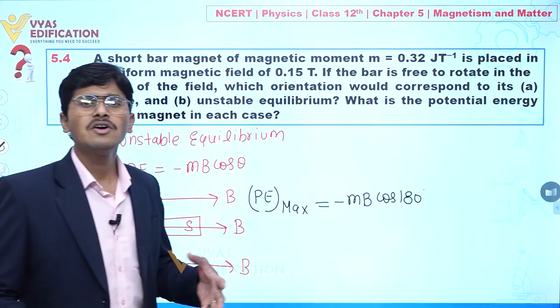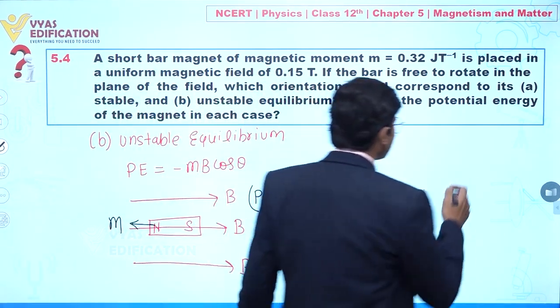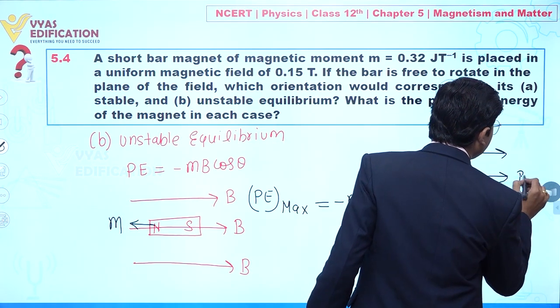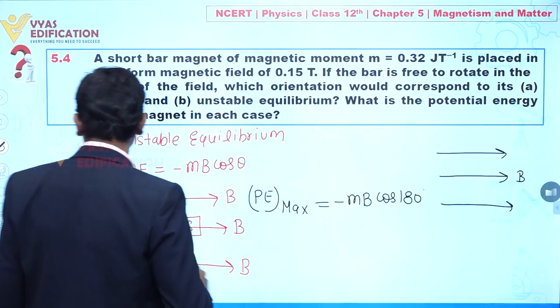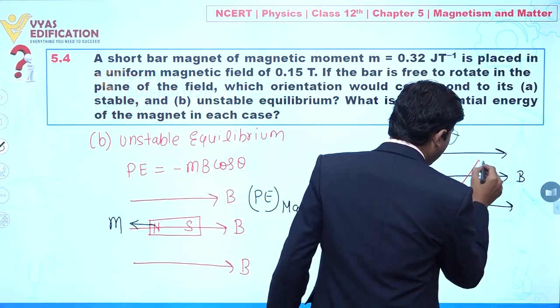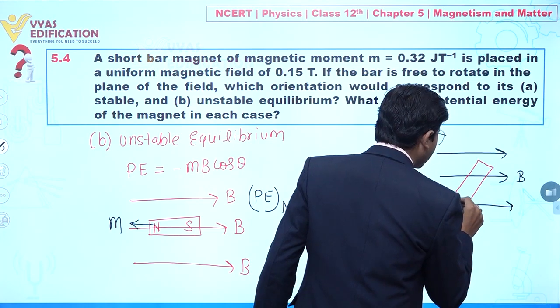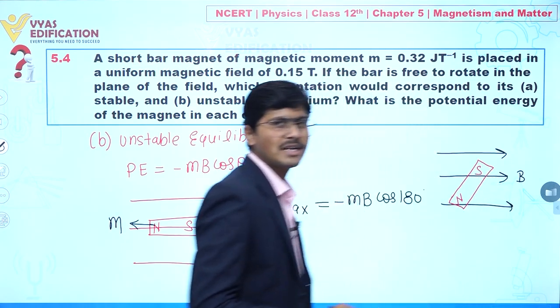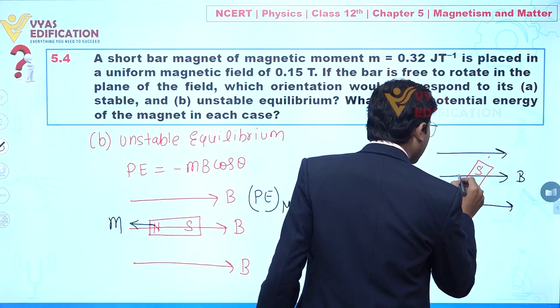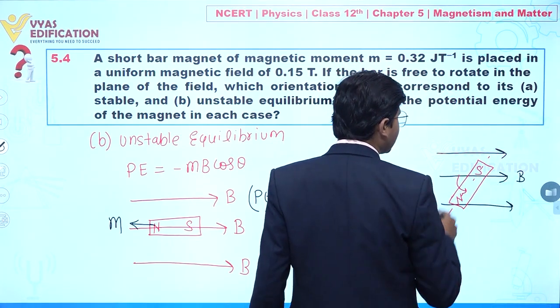Why is this unstable equilibrium? Let's understand. Suppose this is B, and this is the bar magnet, with this one north and this one south. Now suppose you disturb this bar magnet in an anti-clockwise direction like this.